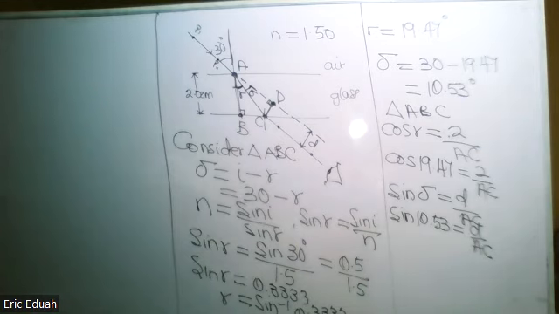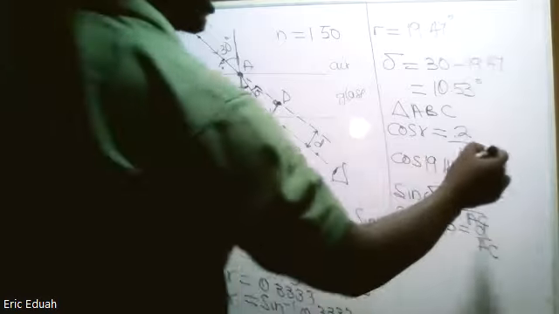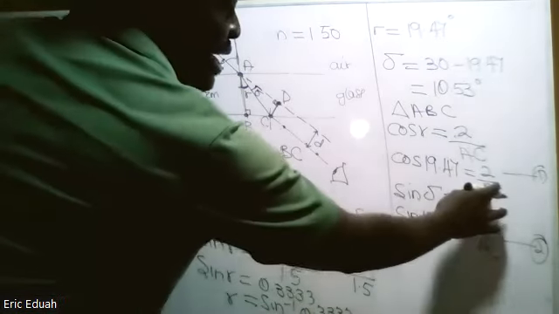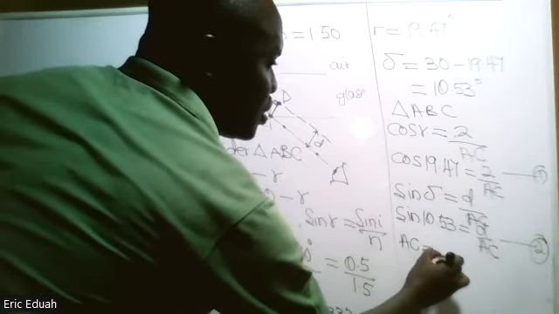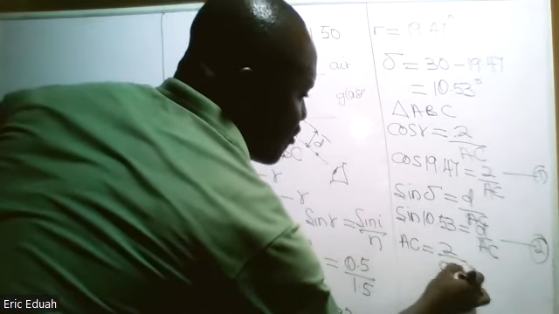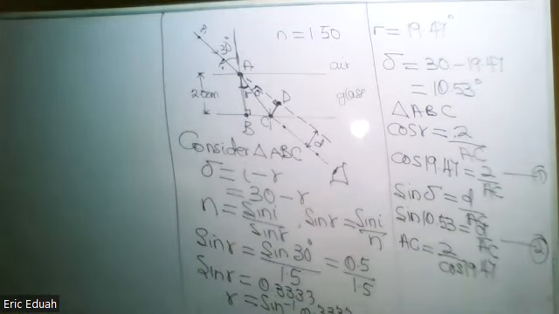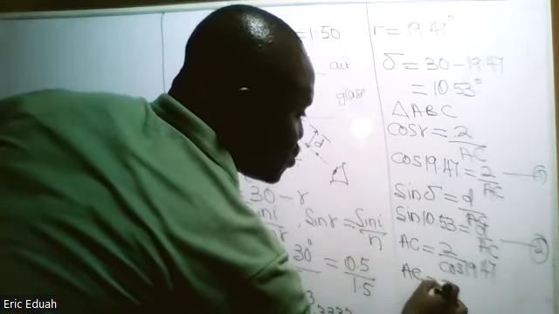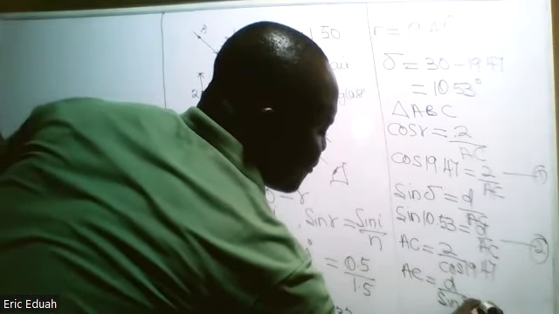All right. Now, let's make AC the subject in this equation and in this equation and equate them. If we make AC the subject in equation 1, we have AC is equal to 2 on cos of 19.47. If we make AC the subject in equation 2, we have AC is equal to D over sine of 10.53.